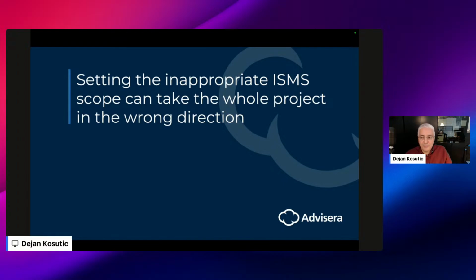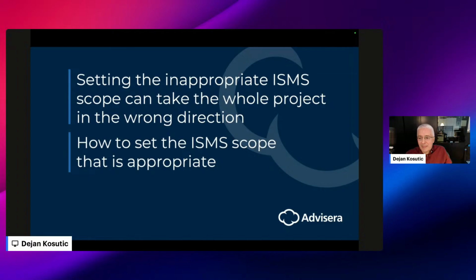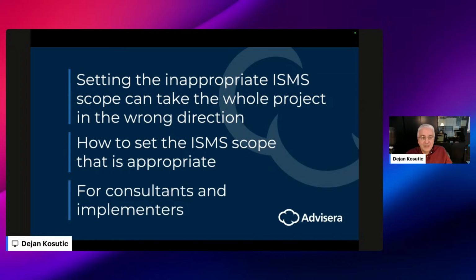And of course, I'll show you during the webinar how to do it. The topic of the webinar is how to set the scope that is appropriate not only for your company but also for the certification audit. The webinar is intended for both consultants and implementers who are implementing ISO 27001.